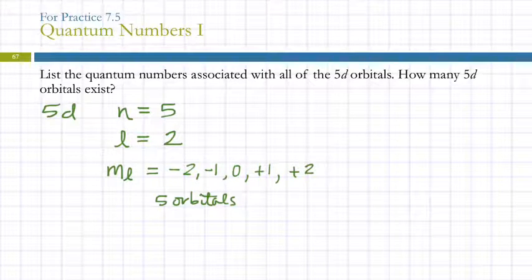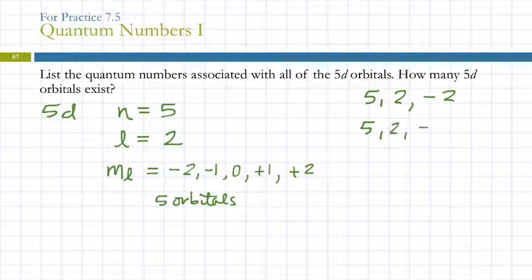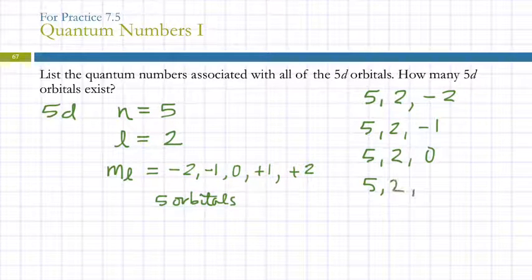Now, if they asked you to write the sets of quantum numbers for each of those, well, this is tedious, but you'd have 5. They'd all be 5 and 2, and one's negative 2. 5, 2, negative 1. 5, 2, 0. 5, 2, plus 1. 5, 2, plus 2. It's not unlike the numbering of the rooms in many buildings. We are on the 2nd floor, and so our room number is 240.